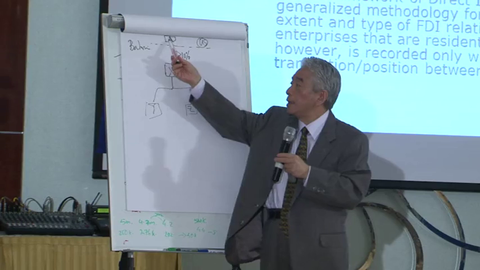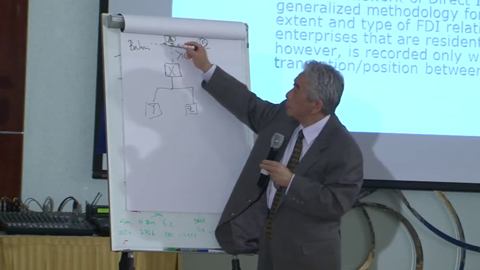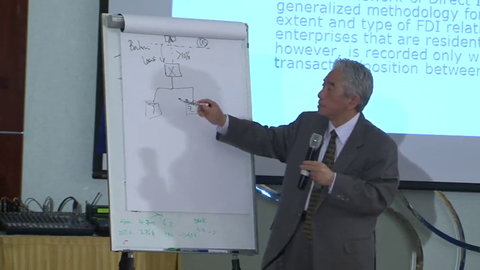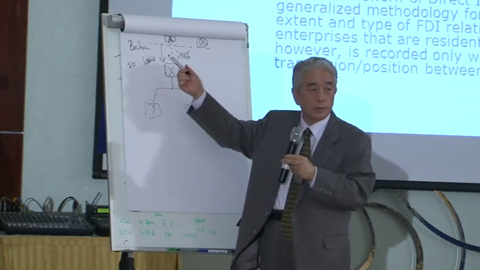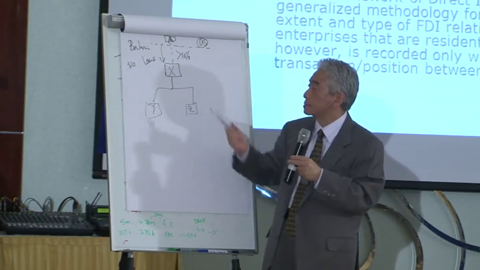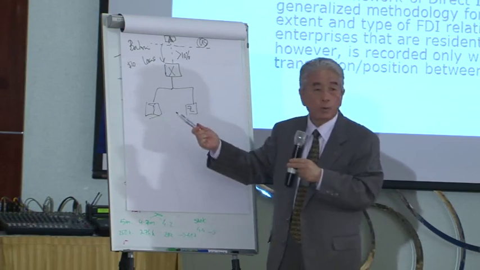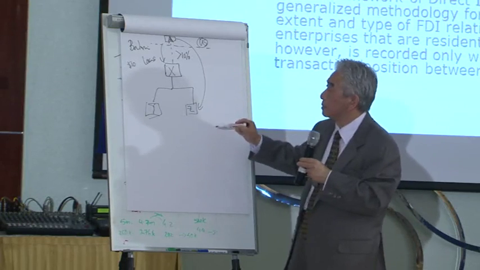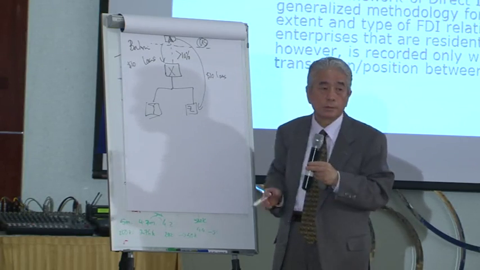Then any transaction between A and X, if A gives loans, for example $10 million, should be recorded under FDI. But what happens with Y or Z? If there are loans from parent company A to Z, again $10 million, for example, what do we do?